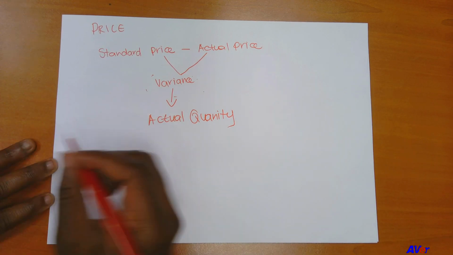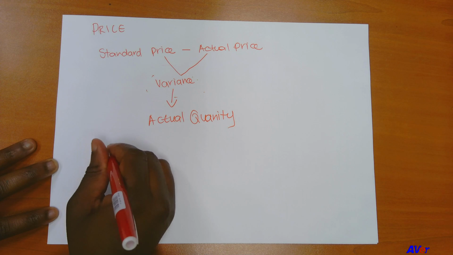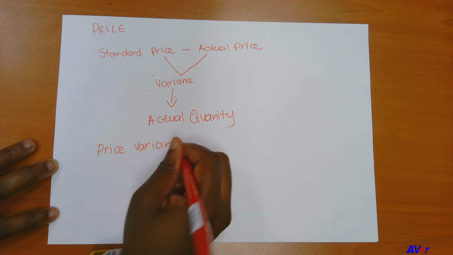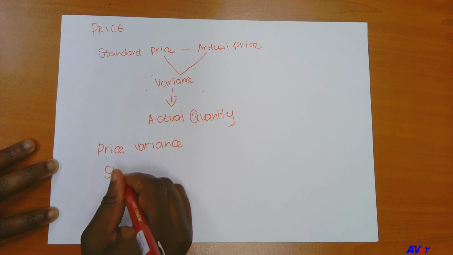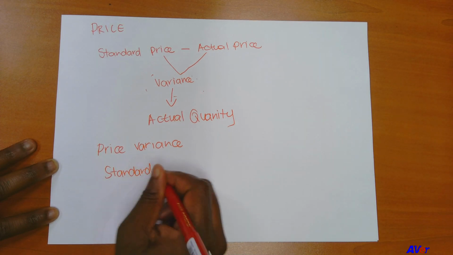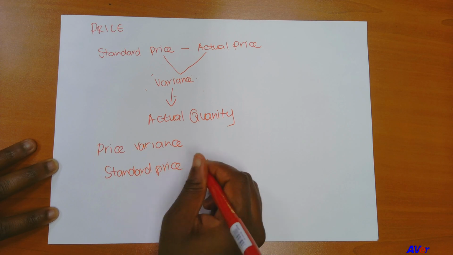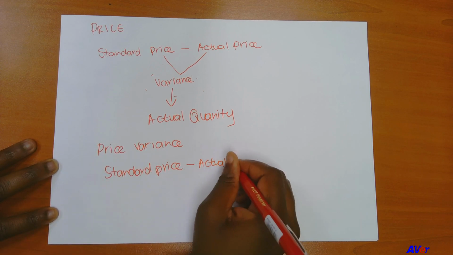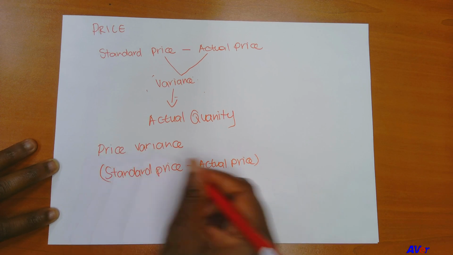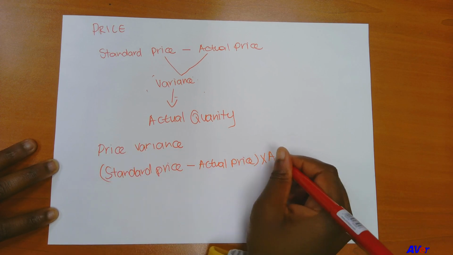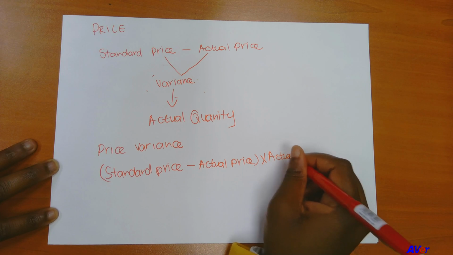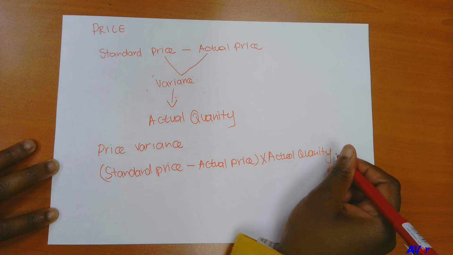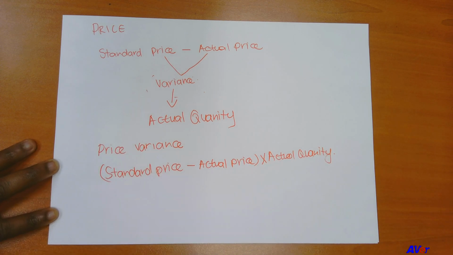Just to summarize, like I said, the price variance is your standard price, subtract from that your actual price, multiply by actual quantity to show the impact of my decision.